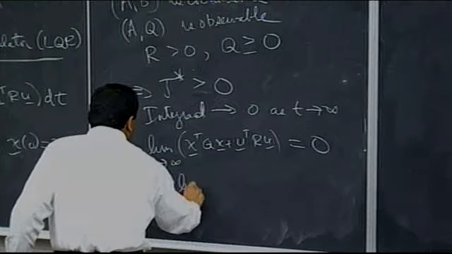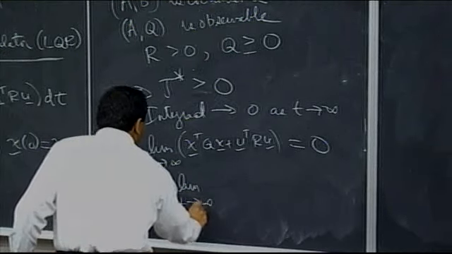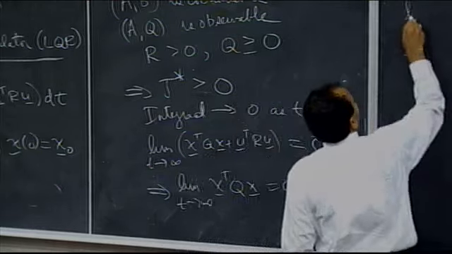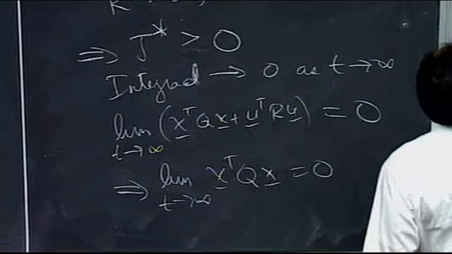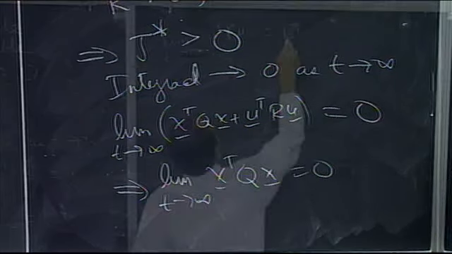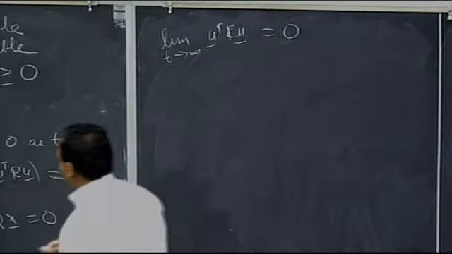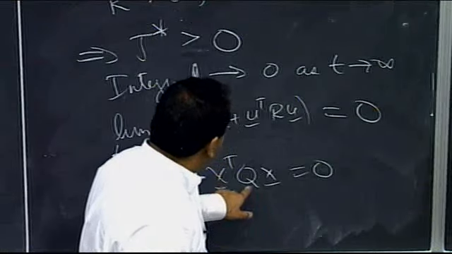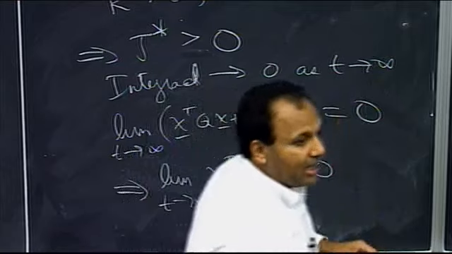We get the limit as t approaches infinity of x transpose Qx has to equal 0, and the limit as t approaches infinity of u transpose Ru has to also equal 0. So given the fact that these two things have to equal 0, and this matrix is positive semi-definite, what's the only way that this thing can actually go to 0?